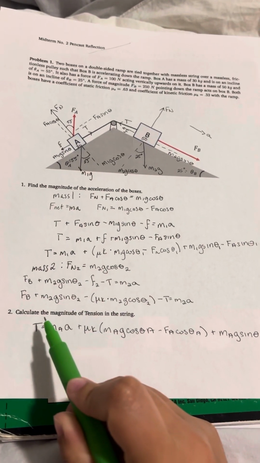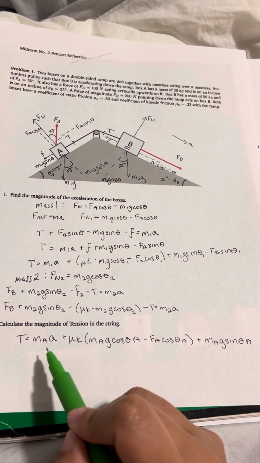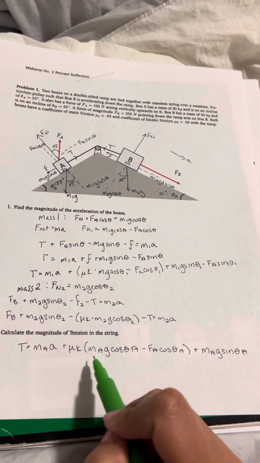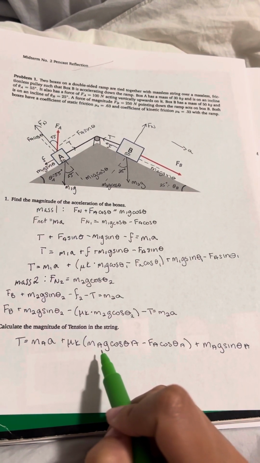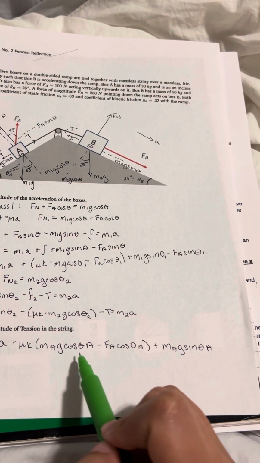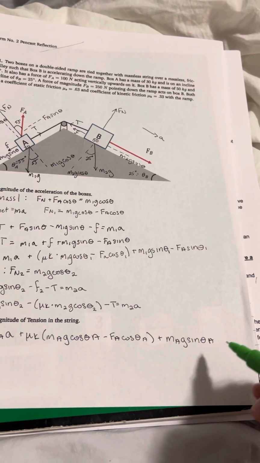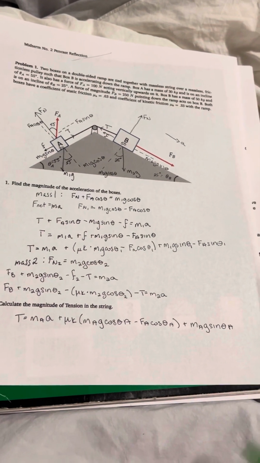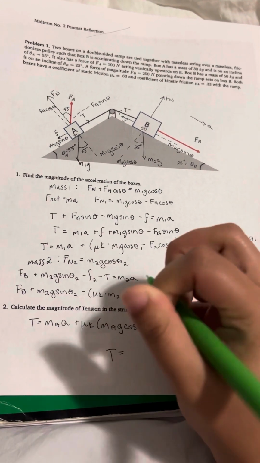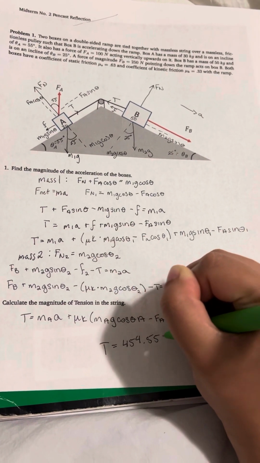And then in order to calculate the magnitude of tension in the string, we have tension equals mA, the mass of box A times the acceleration, plus mu k times mA, the mass of box A, times gravity, times cosine theta A, minus Fa cosine theta A, plus mA gravity sine theta A. And when I plugged all of the values in for this, I got tension equals 454.55 newtons.